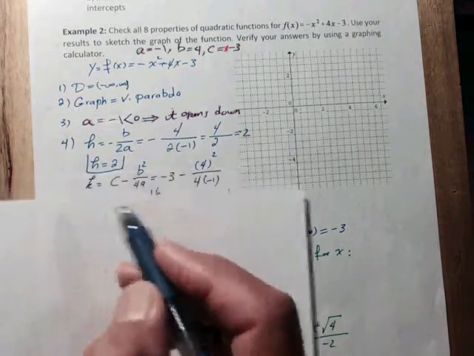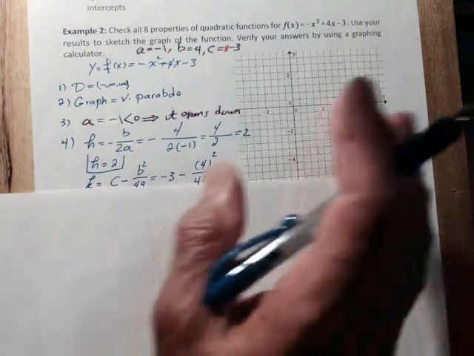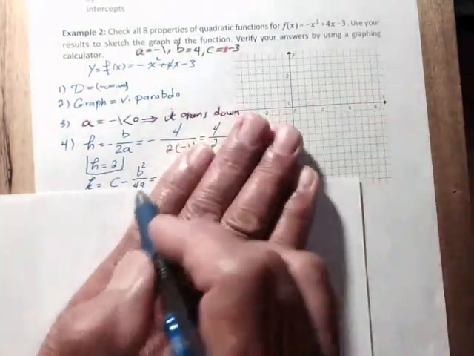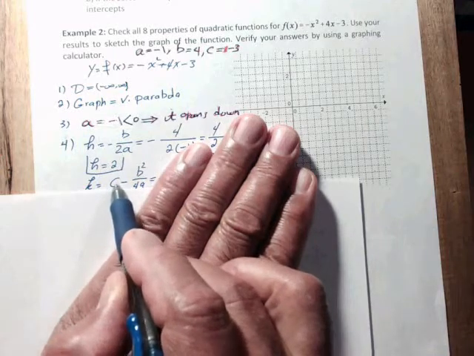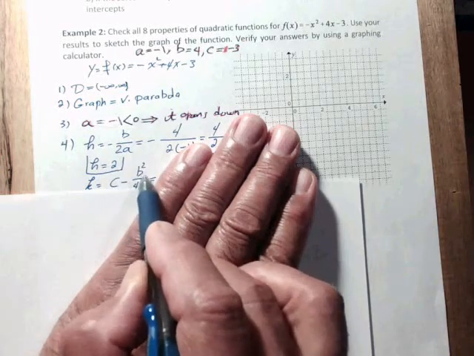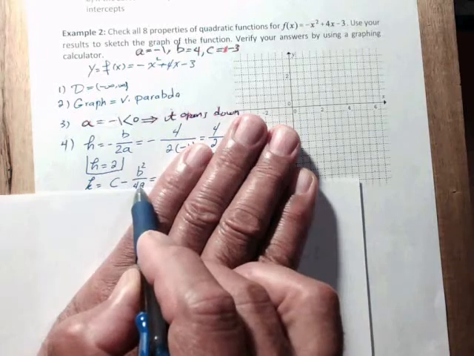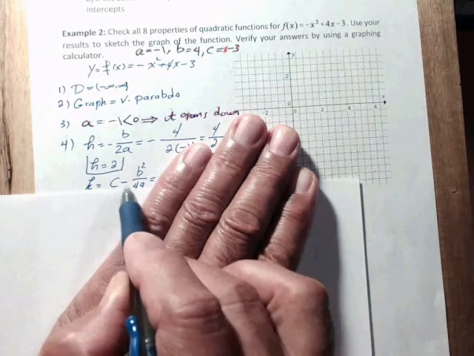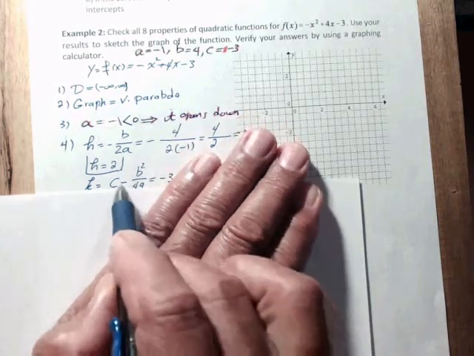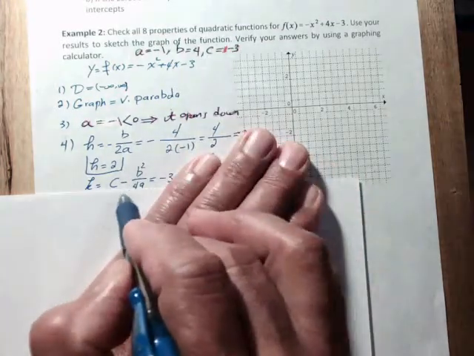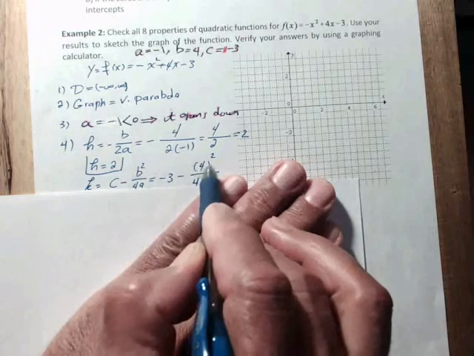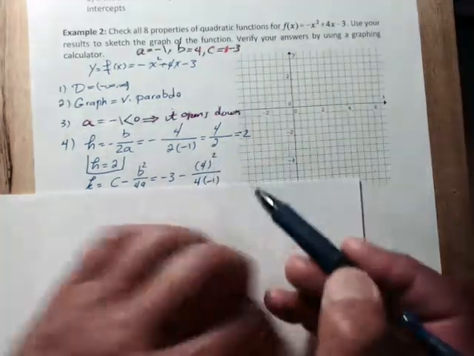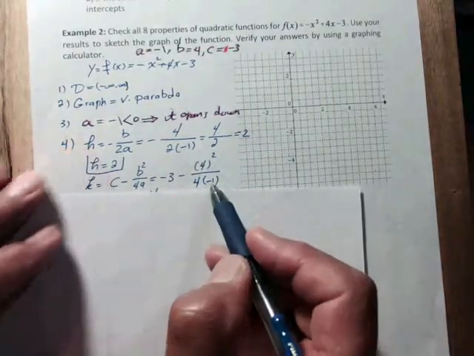To find the y-coordinate, I use the formula k equal to c minus b squared over 4a. C is negative 3, then minus b, which is 4, squared, over 4 times a, which is negative 1.